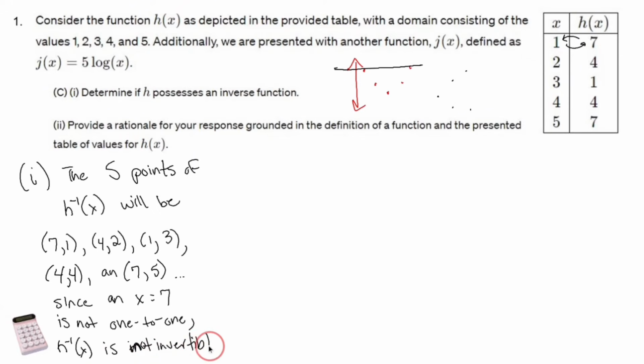So again, it's not good enough to say, I did the horizontal line test and it failed. You have to explain what it means for the horizontal line test to fail. 7 maps to 2 different numbers after I flip them. 7 maps to 1 and 7 maps to 5. A function cannot map to 2 different y values. Therefore, h inverse is not a function, which means it's not invertible.